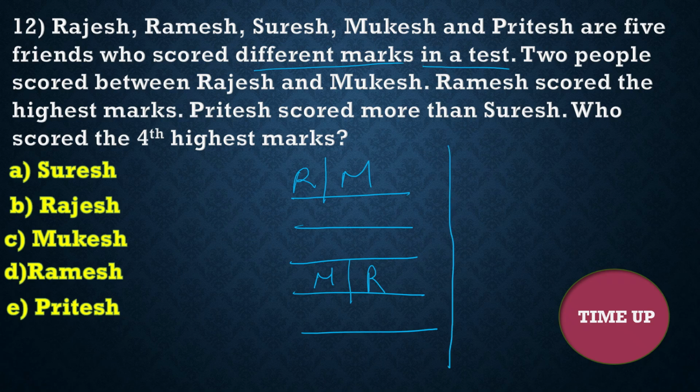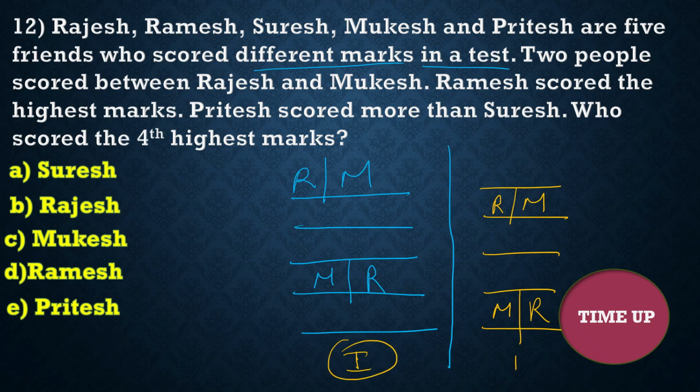Or the other arrangement can be: here Rajesh or Mukesh will be placed, 2 gaps between them, and here Mukesh or Rajesh will come. So these are the 2 arrangements that you can make by reading the first line of the question itself.